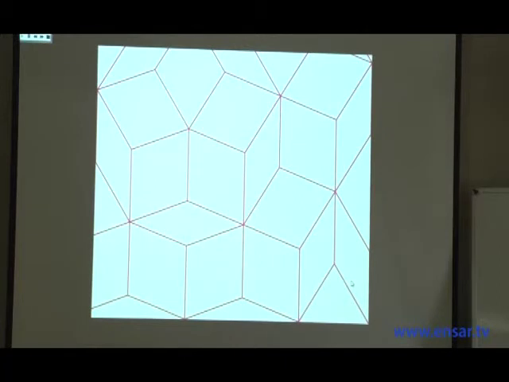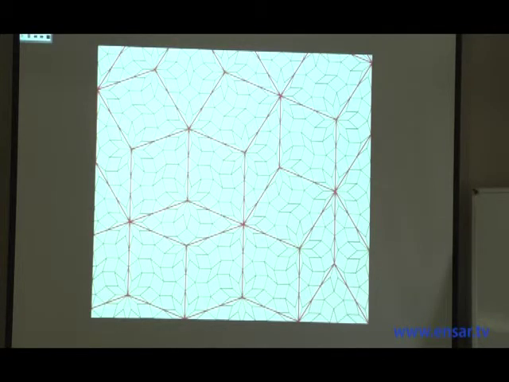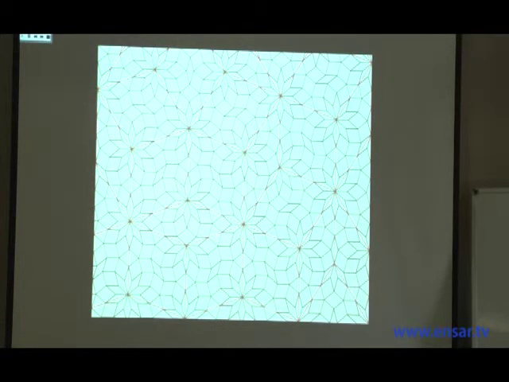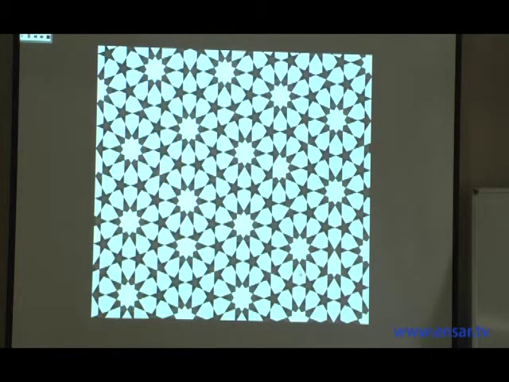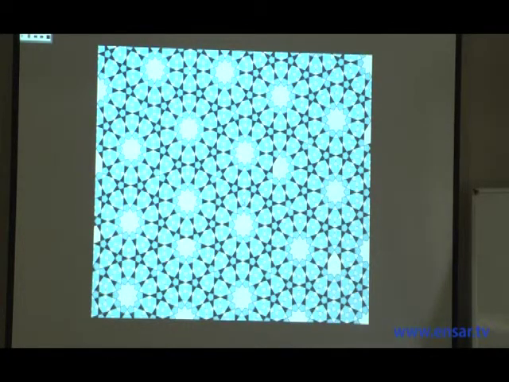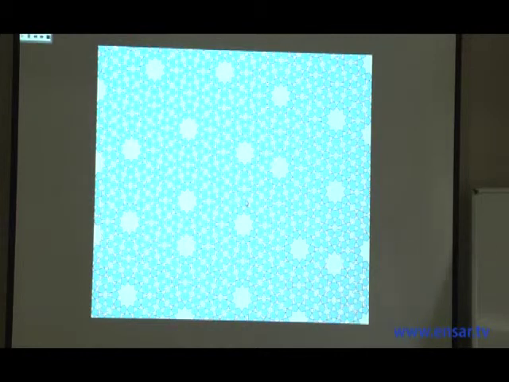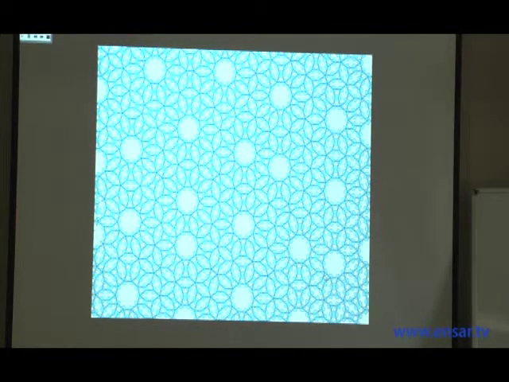Just to show the relationship between different patterns. I can start from a rhombus to another combination of rhombus. Then the decoration comes from my first stage of morphogenesis. From this, with another decoration, I come back to another family.